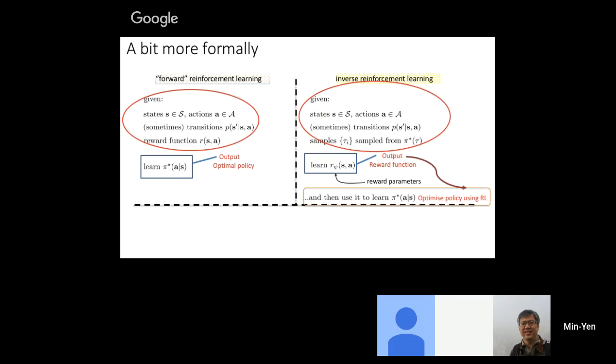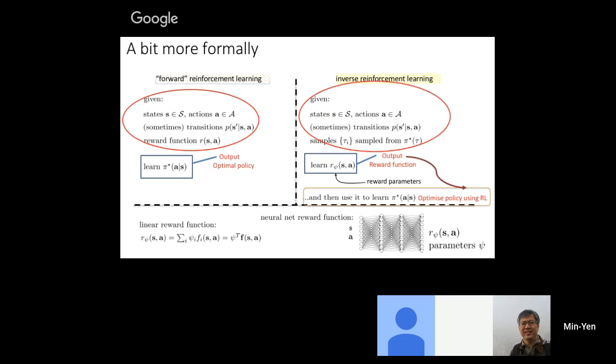However, what if all the policies we input are optimal? It may result in a zero function. So we might want to specify the reward using the inner product of psi, which is the weight, and the feature vector.